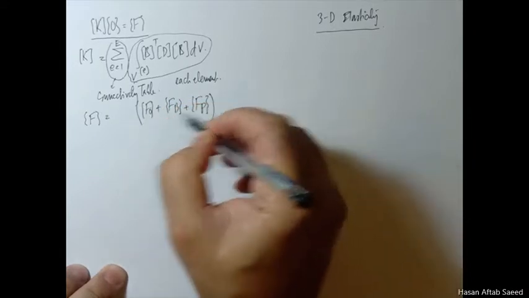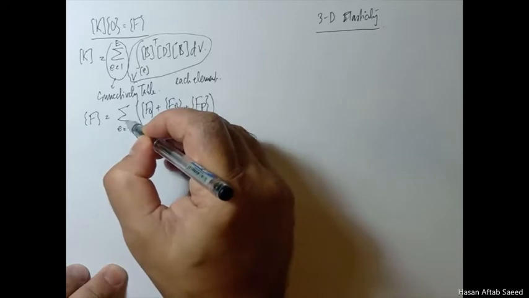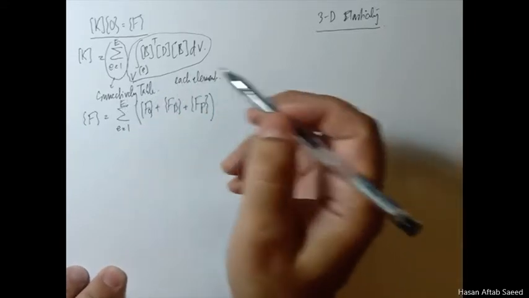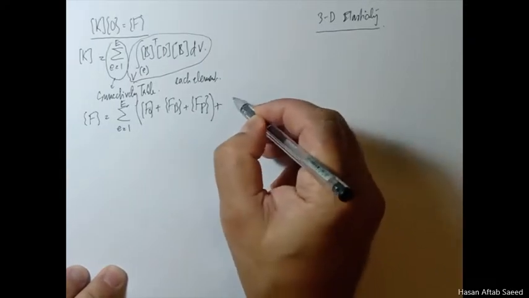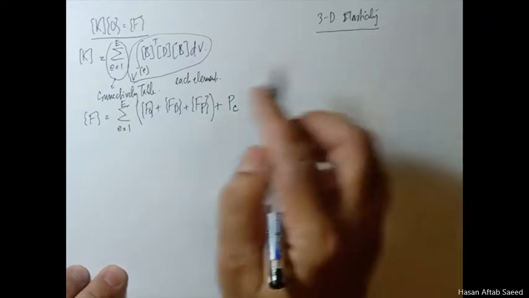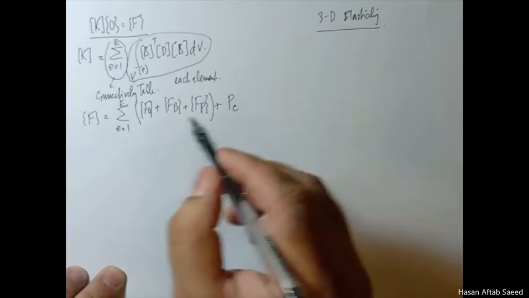This is again for each element, and then you take a summation from element 1 to element E, being the total number of elements, and right at the end you add any concentrated forces that are being applied. There's no summation involved there because they already are applied to nodes.